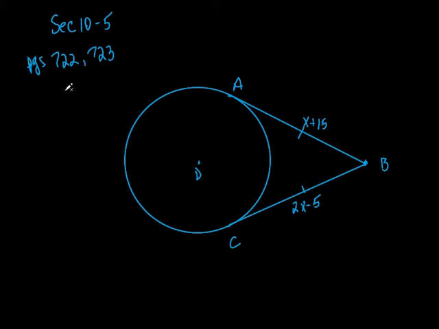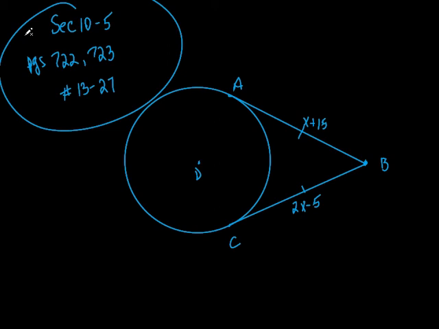The quiz is on 10-1 to 10-4, problems 13 to 27, and you have the quiz tomorrow. There are 10 questions, so it's a 20-point quiz, okay? So 20 points, 10 questions. All right? Everybody got that? Okay.